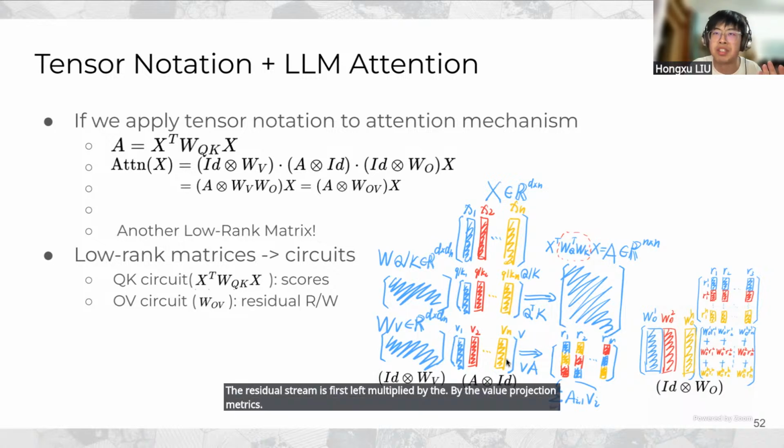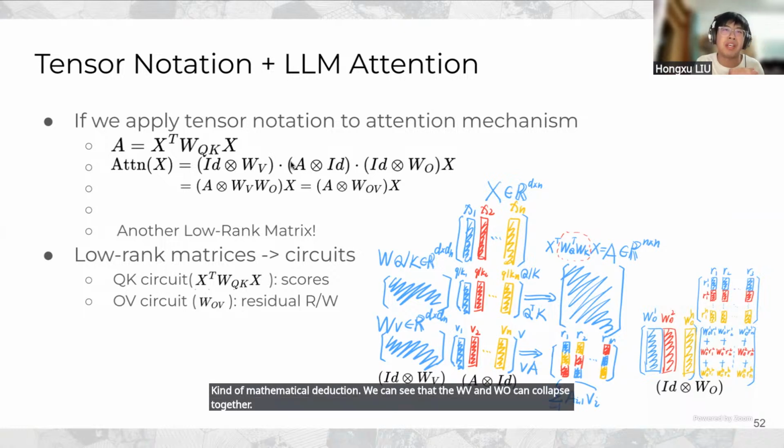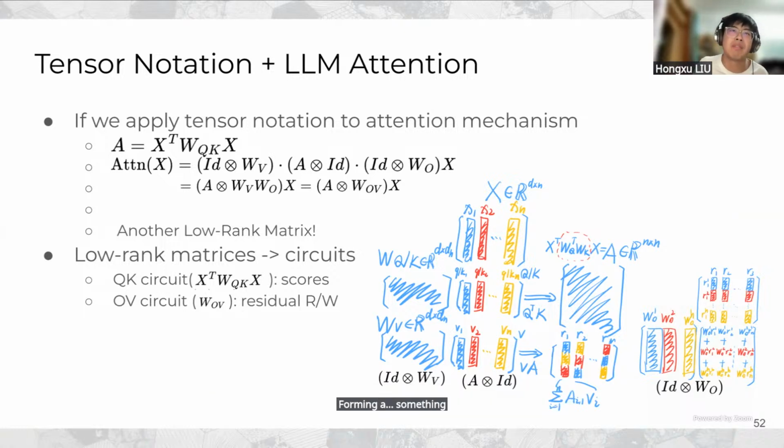It becomes the value vectors, and then it is right multiplied by the attention score matrix, and then it is again left multiplied by the output projection matrix. Through this kind of mathematical deduction, we can see that the WV and WO can collapse together, forming something like a low rank matrix.